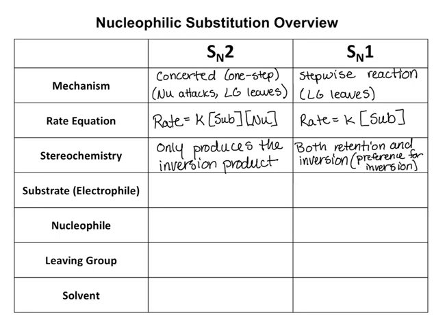And then in the last lecture video, we talked about the role of the electrophile in SN2 and SN1. And if you remember, in an SN1 reaction, we have an intermediate, that's a carbocation. And the carbocation, if it's tertiary, will be really stable.